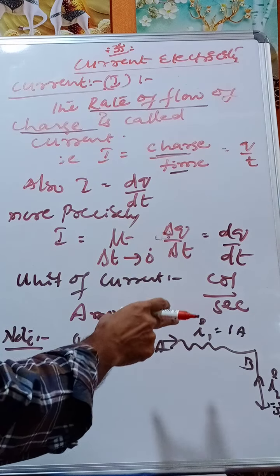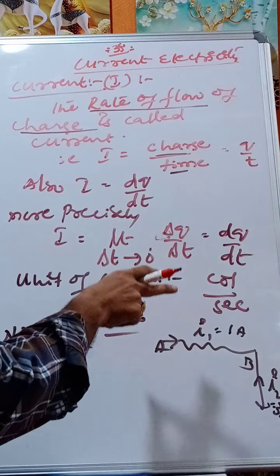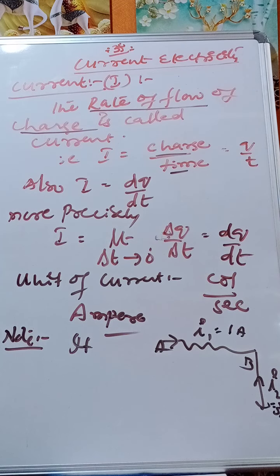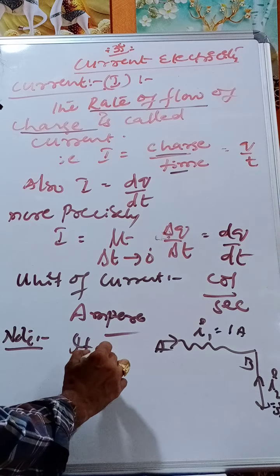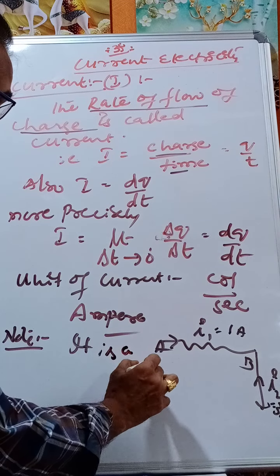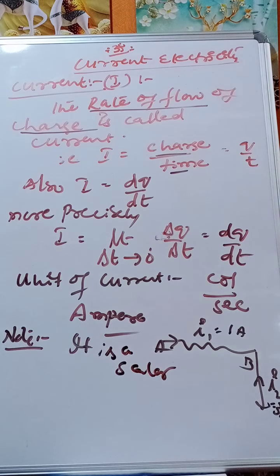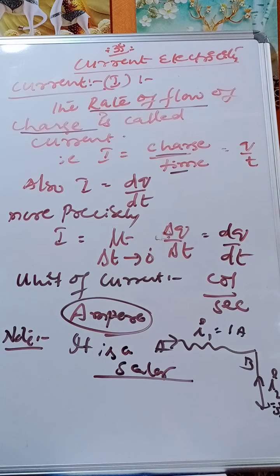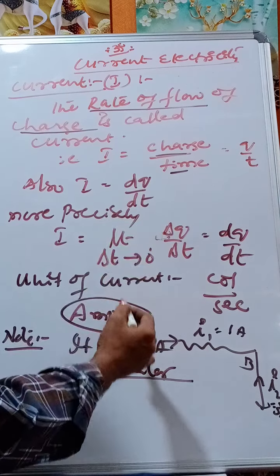But here the current, even though it has magnitude and direction, does not follow the vector laws. Hence we can say it is a scalar. Unit is ampere and it is a scalar quantity.